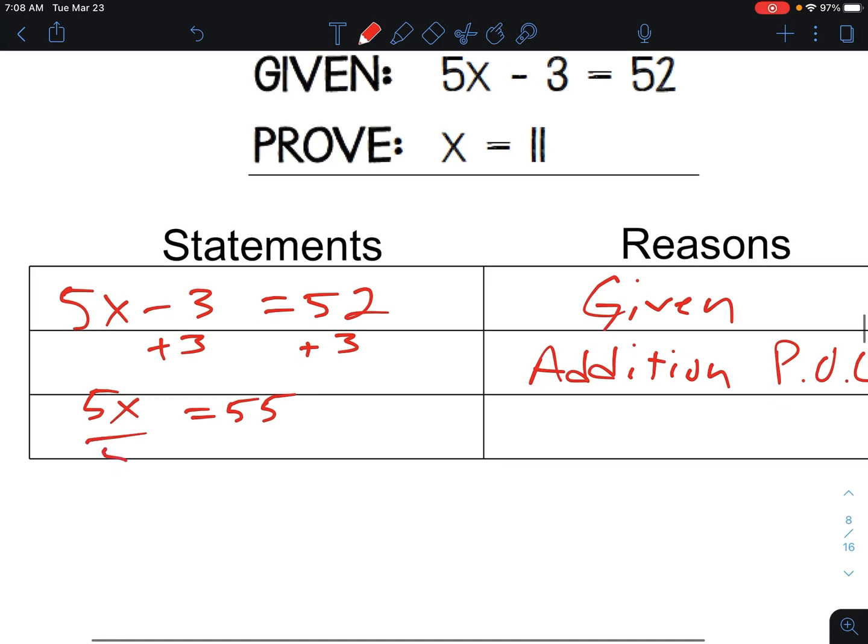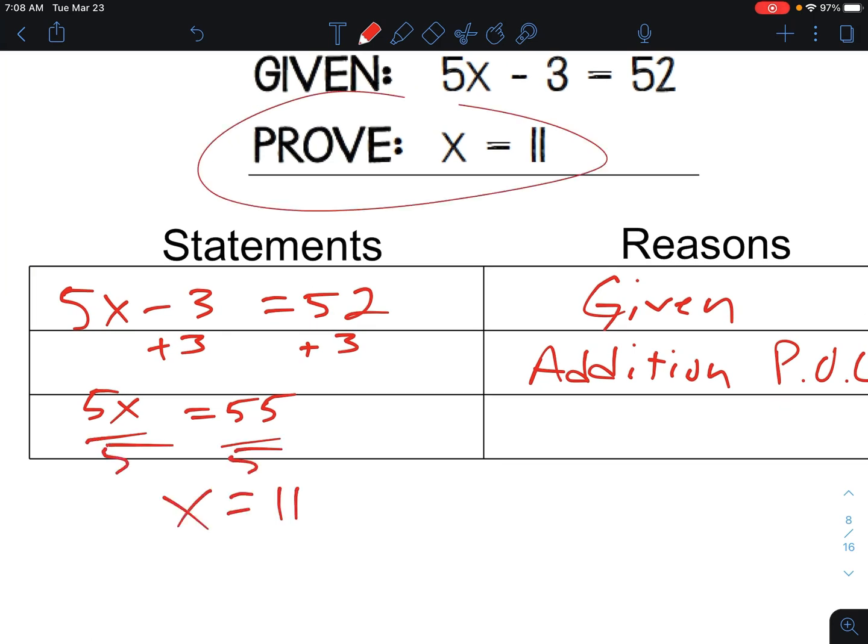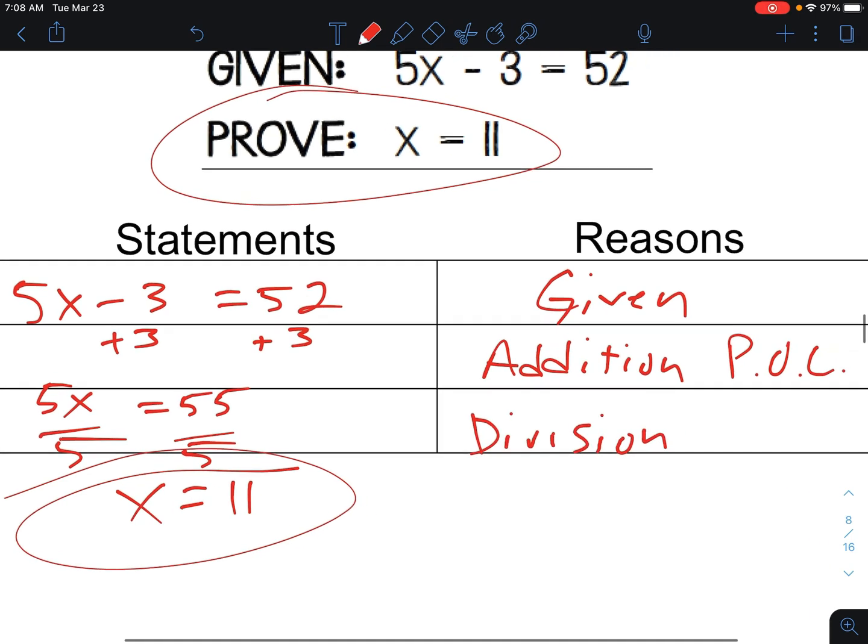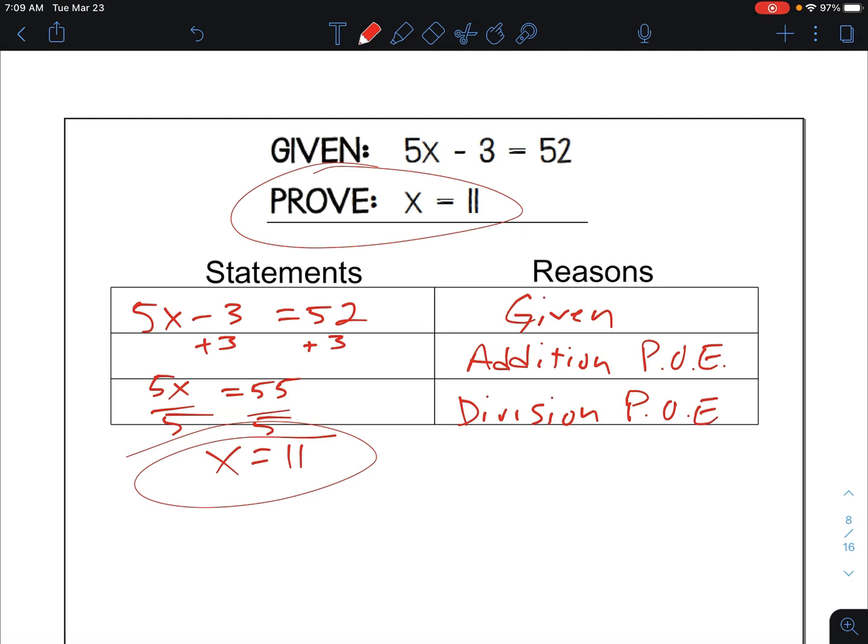And then divide by 5, x equals 11. I love it when a plan comes together. And that's going to be the division property. That's what we did, we divided both sides by 5. So we call that the division property of equality. I don't know why my iPad's not picking stuff up. And we move on to the next one. Okay?